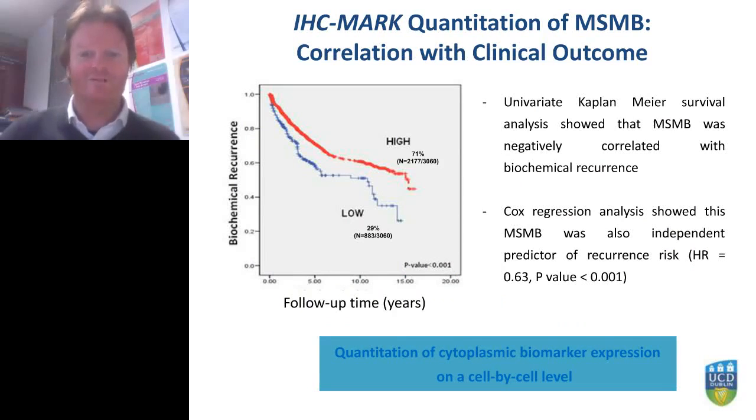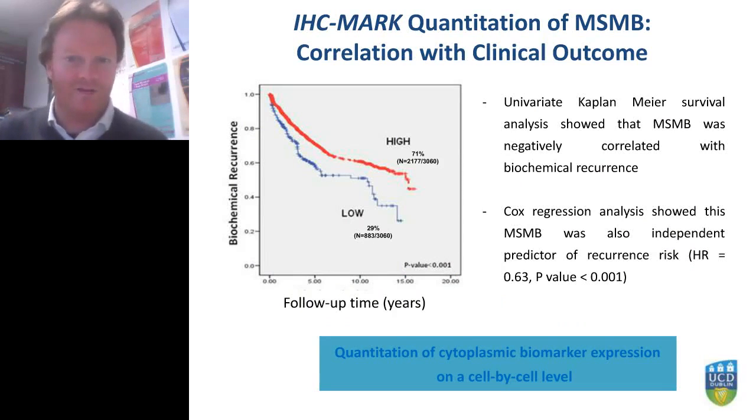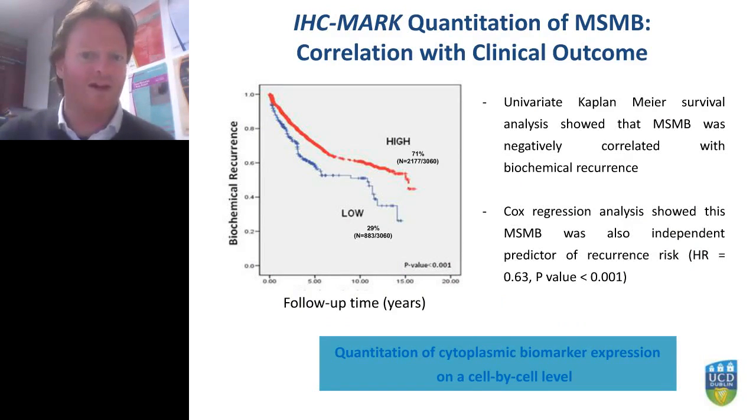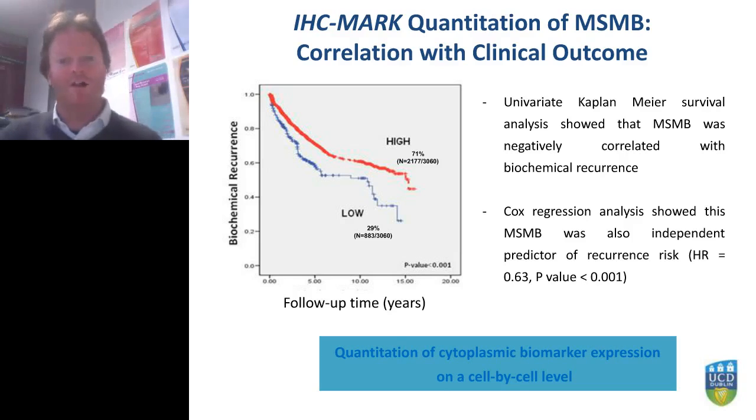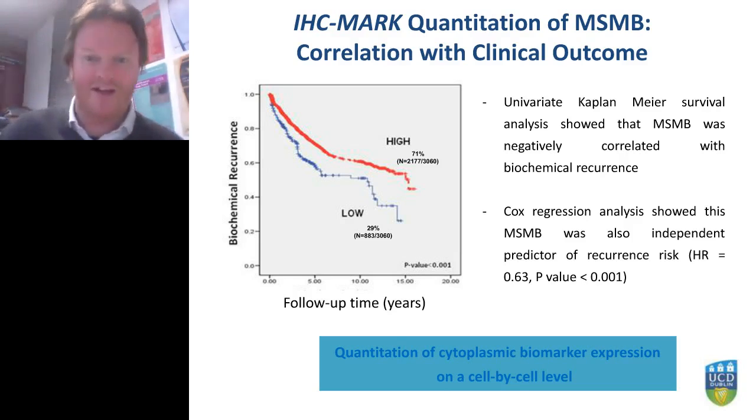When we couple this with the clinical data from these patients, it allows us to see that patients with high expression of this biomarker do much better than patients that have low expression of this biomarker. And again, as I said, this has been validated in over 3,000 patients.